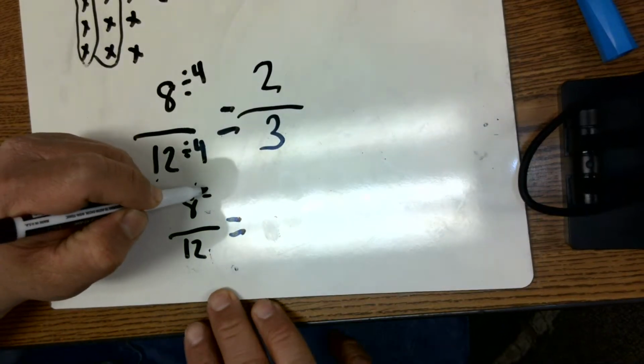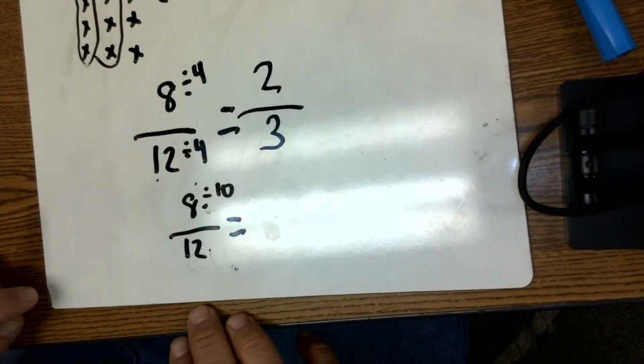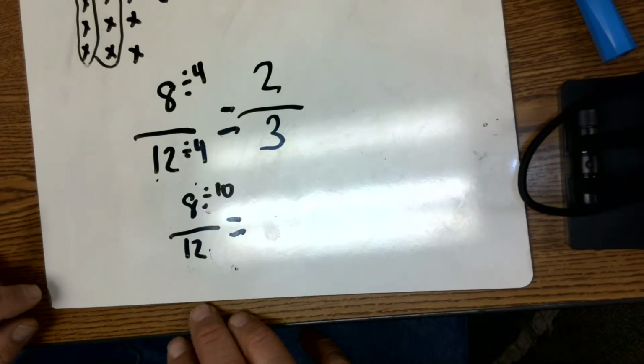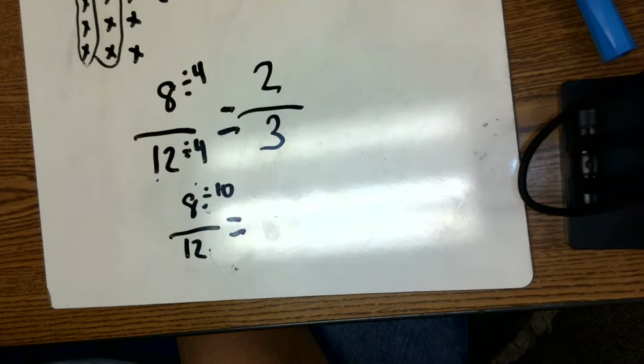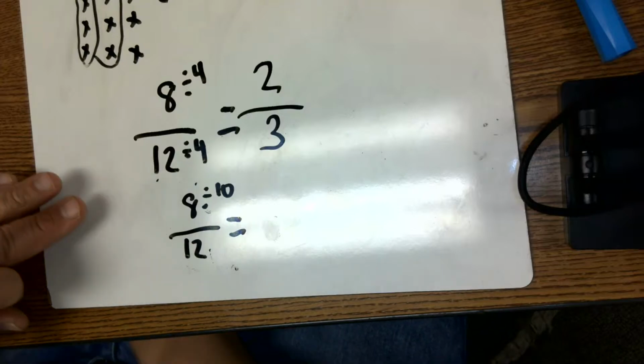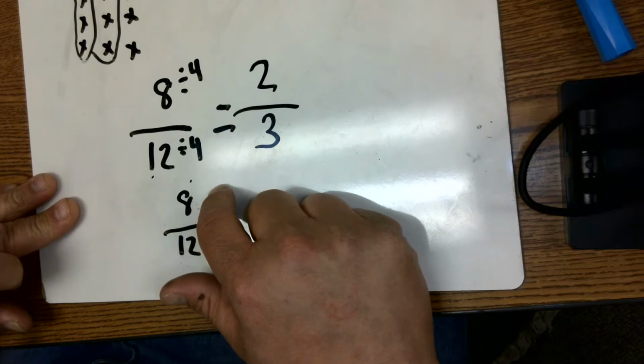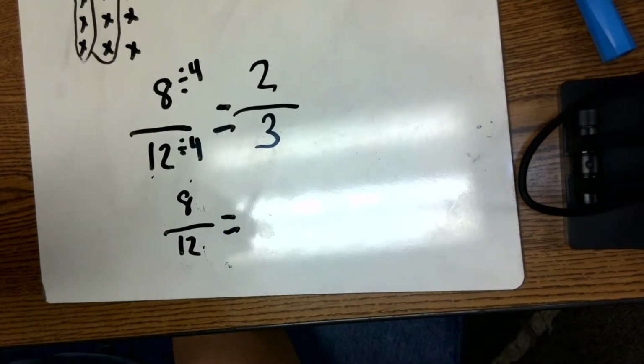How many times does 8 go into 10, or 10 go into 8? We're on number 13 on the back, on page 340. What number goes into 8 and into 12?